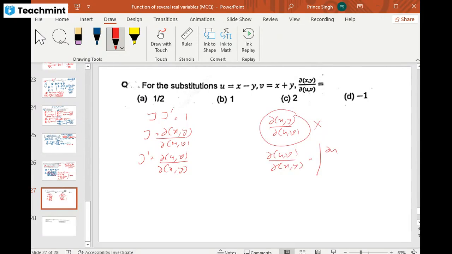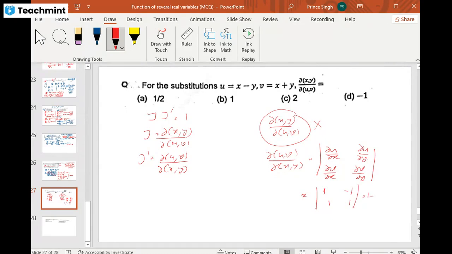That is derivative of u with respect to x, u with respect to y, v with respect to x, and v with respect to y. So derivative of u with respect to x is 1, u with respect to y is minus 1, v with respect to x is 1, v with respect to y is 1.